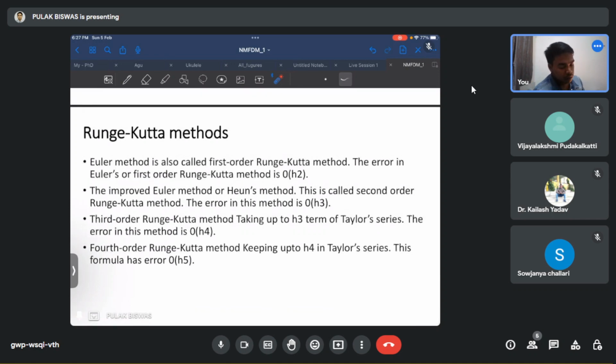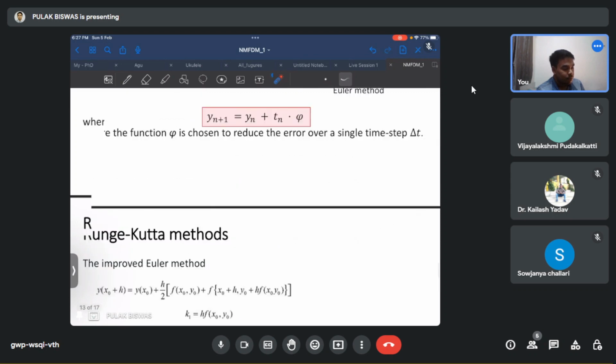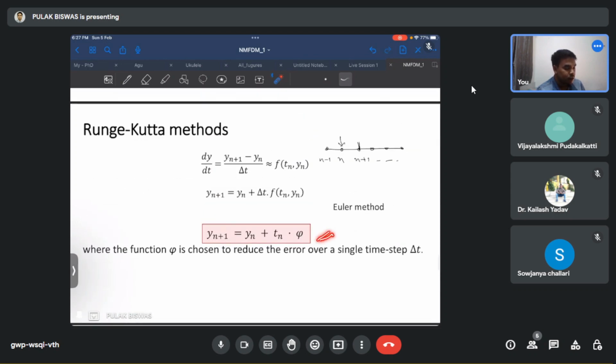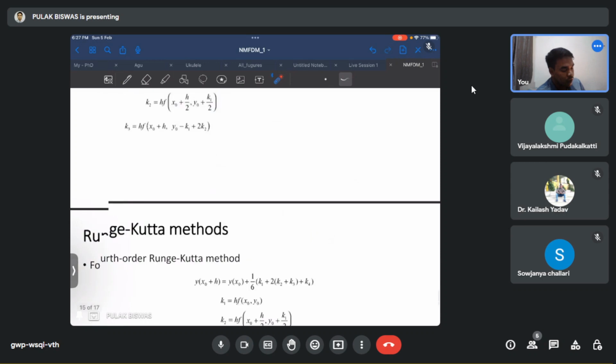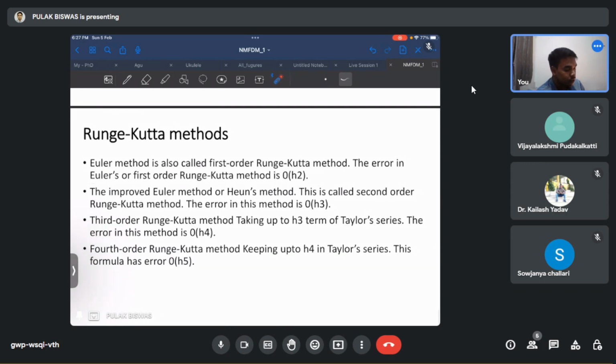As you know, Euler's method is also called the first order Runge-Kutta method. It is based on Taylor's series. So Euler's method is first order.